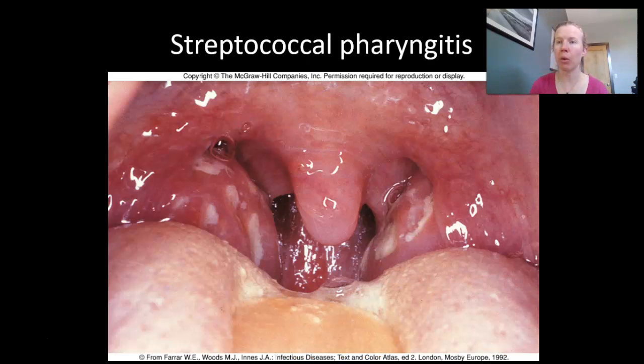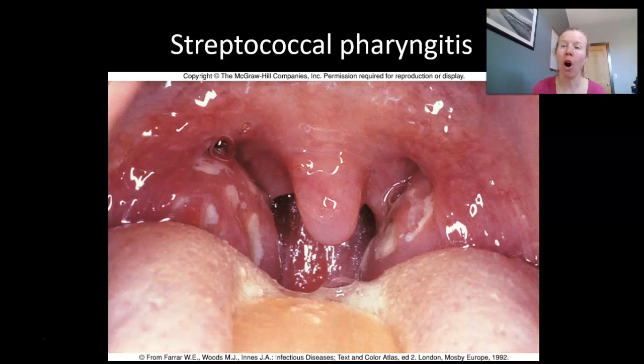Okay, so let's look at what these bacteria can do. So this is a picture showing streptococcal pharyngitis, right? Inflammation of the pharynx. You and I know this as strep throat. And again, this is going to be caused by a group A Streptococcus, and these are among the most common human pathogens.